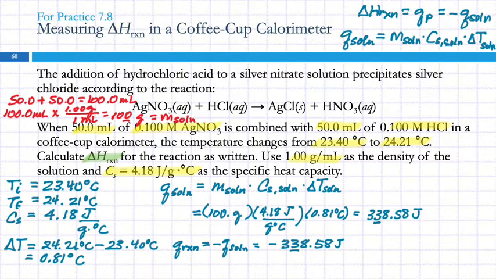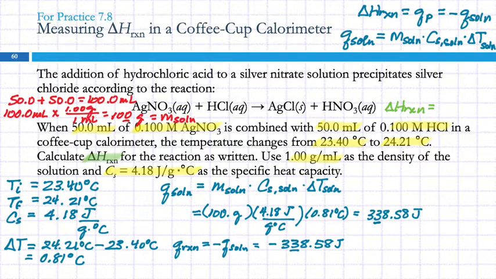But it wants delta H for the reaction as written. So if we're going to put a delta H out here, delta H equals, this value has to relate to 1 mole of silver nitrate and 1 mole of HCl. Is that what we have in our calorimeter?